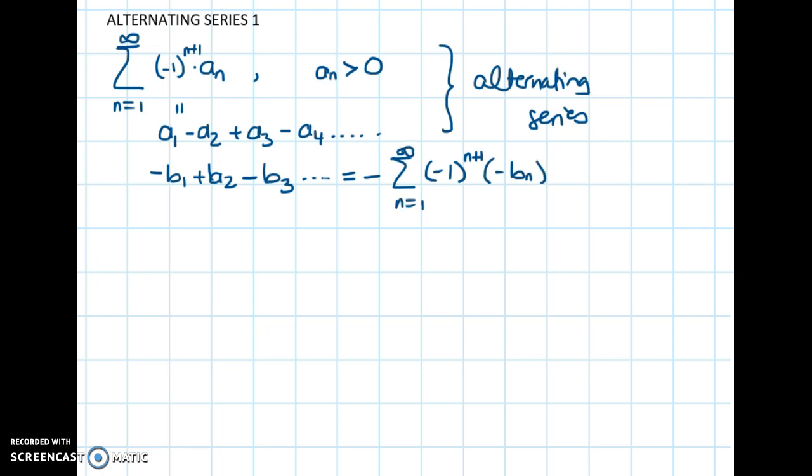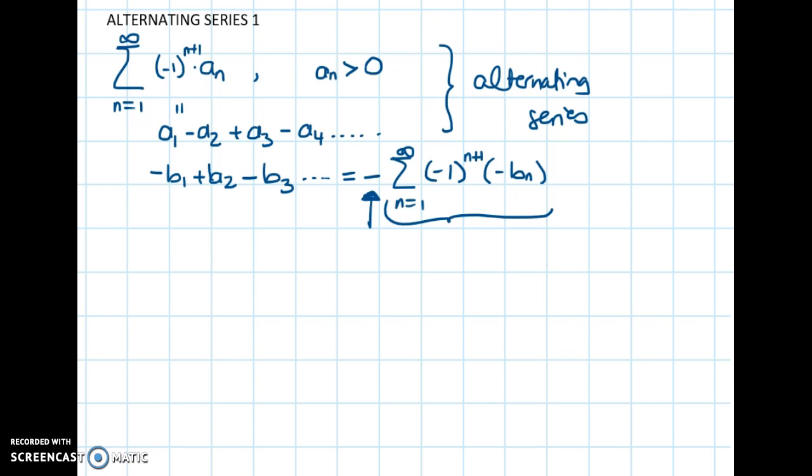So this part over here is an alternating series as well, and then we can classify it and decide if it converges or diverges, and the fact that we have to change the sign over here doesn't change the fact that it's either convergent or divergent. So that's not a problem. The important thing is that we change the sign from one term to the next.